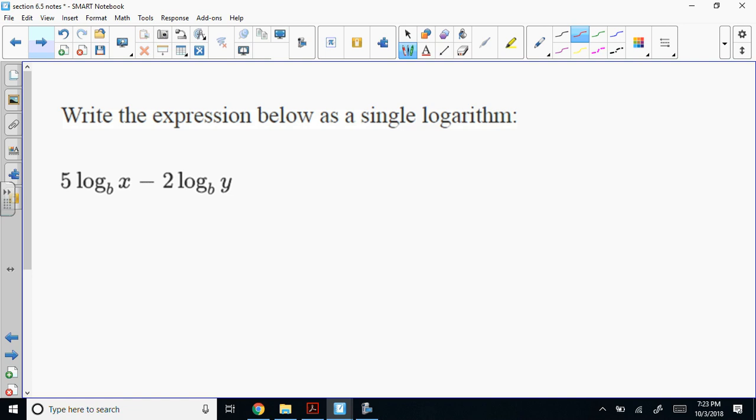I've got to get my logs where there's nothing in front of them, right? I can't combine them until I have my logs free of what's in front, because what's in front is really a power. So you've got to be mindful of that. That's the little kicker nugget of knowledge you've got to make sure you have.